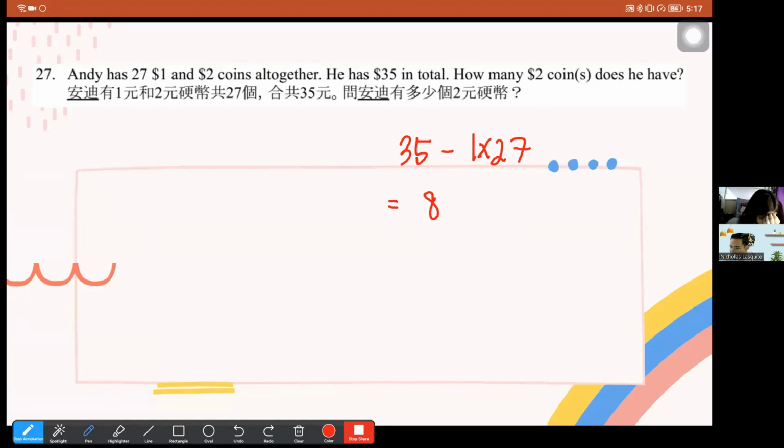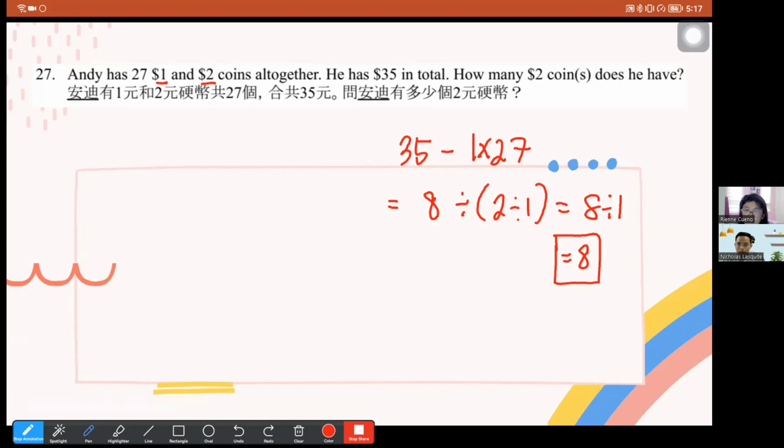So what's the difference between $1 and $2 coins? So divide it by the difference between the $2 and $1 coin. So the answer would be 8 divided by 1. Then the answer here would be 8. That's how you do it.